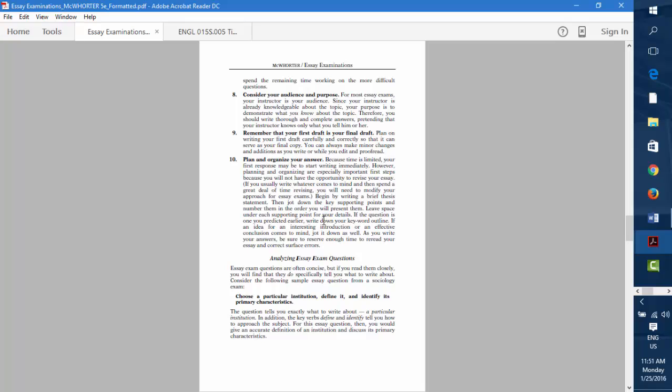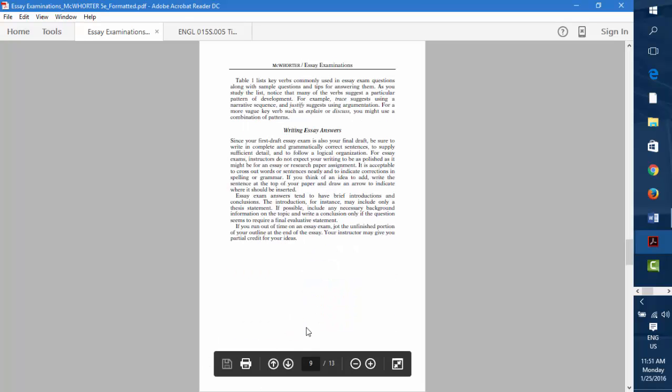But you do want to keep your mind on the global and edit at the same time. So that's one of those things where you have to fight a little bit against your natural inclination toward process writing, and that does tend to be a little bit more difficult. Okay.